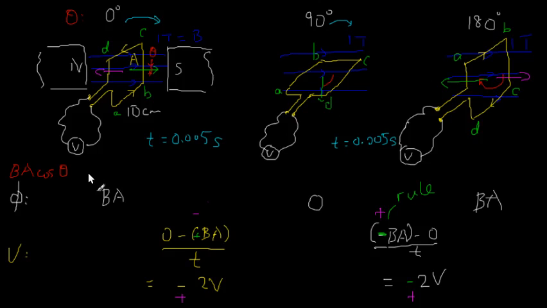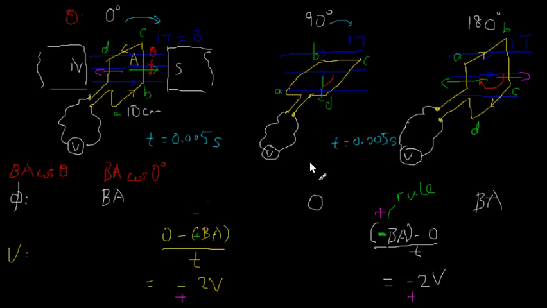So if you use this formula, when you're in this position, theta is 0, and cosine 0 is 1. So this would be BA cosine 0 degrees, which is just BA.